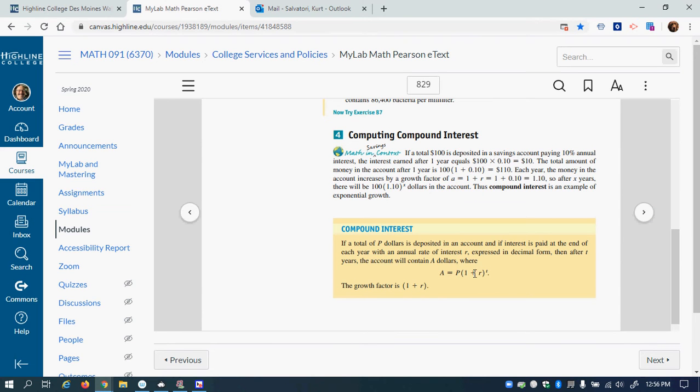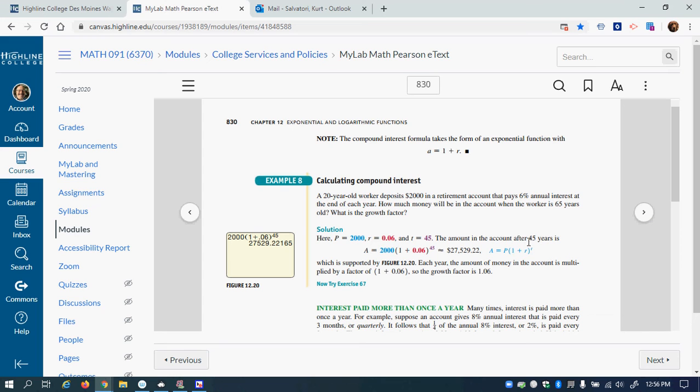R is your interest rate in decimal, and T is your X, which is your number of years. And so the growth factor would be the 1 plus R. So the compound interest formula takes the form of an exponential function with A equal to 1 plus R.